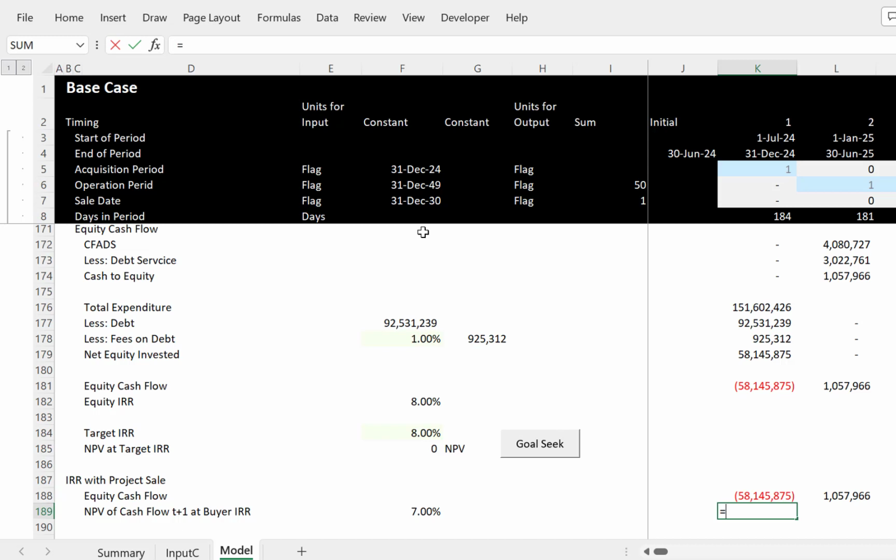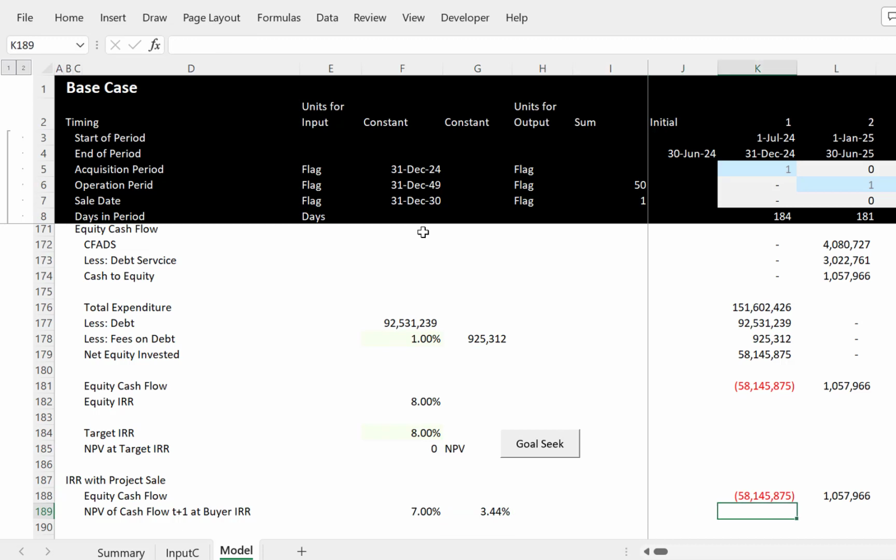I guess we can do this with XNPV, or we could raise it to the second power. Let's do it better. Let's put NPV. Let's put the semi-annual rate. We put 1 plus this rate raised to the 0.5 power minus 1. Do that instead.